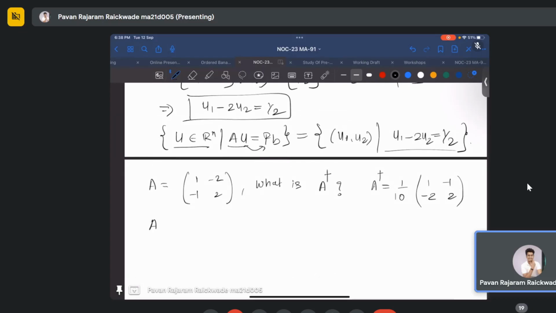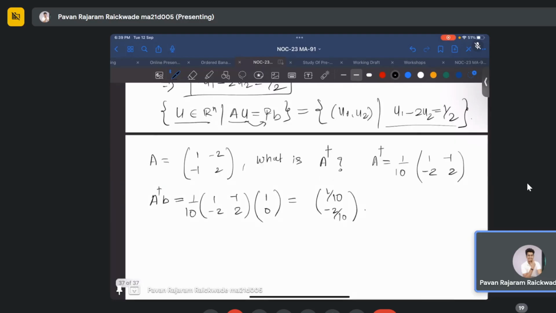Now if you calculate A dagger B, 1 by 10, 1 minus 2 minus 1 2 times the B vector, which is 1 0, you get here 1 by 10 and then minus 2 by 10, right?